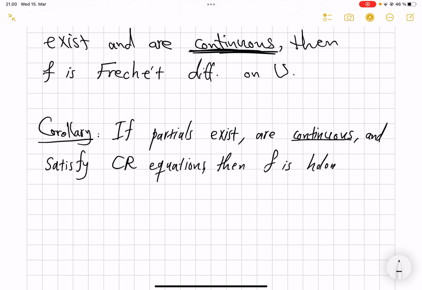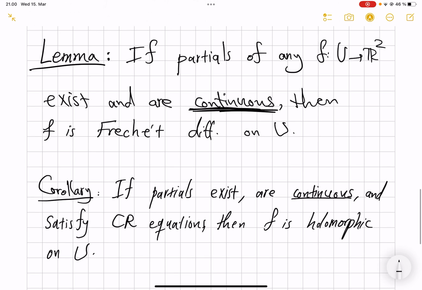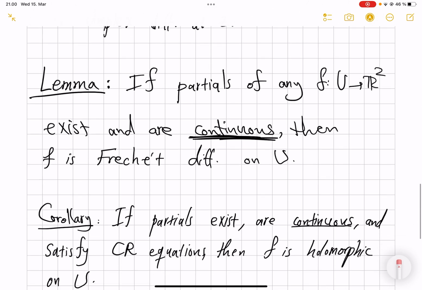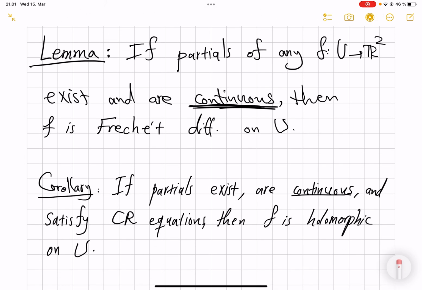It's complex differentiable everywhere on U. This is just a combination. Partials exist and are continuous implies that the function is Frechet differentiable by the second lemma. And then the first lemma said that if it is Frechet differentiable and we have Cauchy-Riemann equations, then it is complex differentiable. So just put them back to back and you get this corollary.